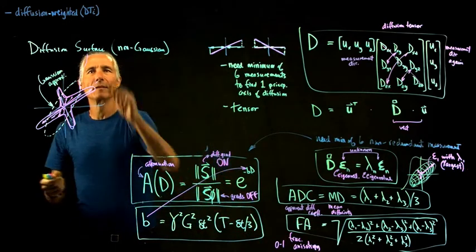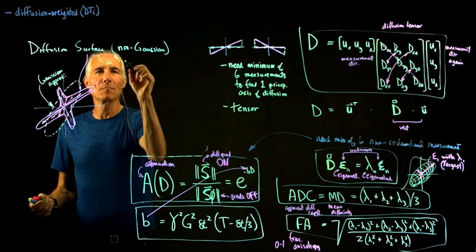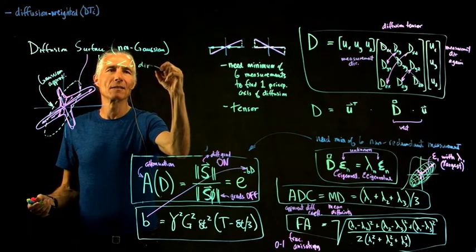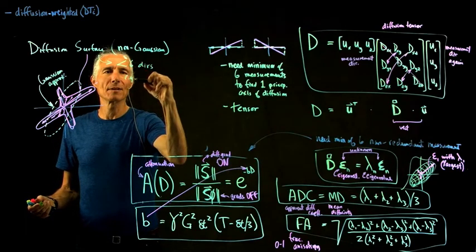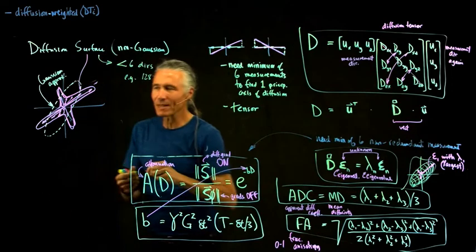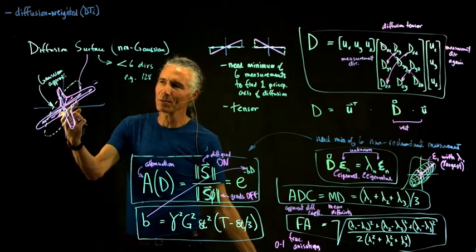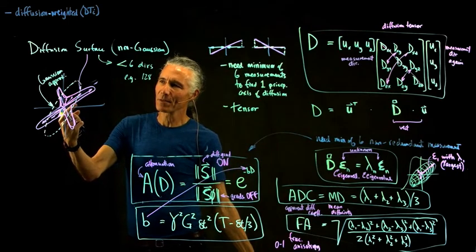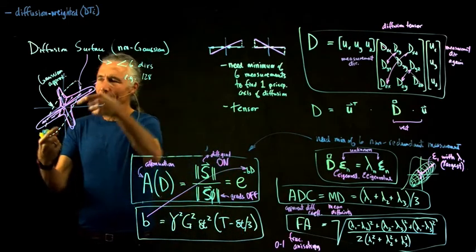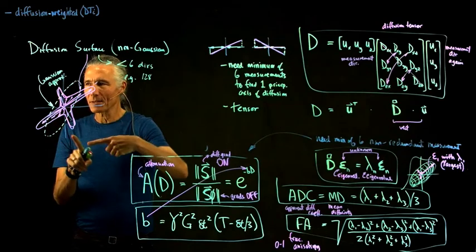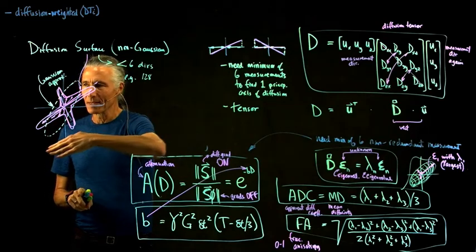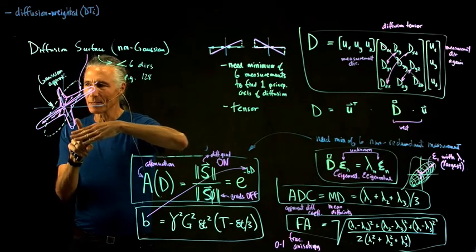More than 6 directions, for example, 128. You might have to measure 64 or 128 just to pick up 2 different real diffusions. If you have crossing fibers, which happens all the time in the brain, where some axons go this way and others go almost perpendicular to them, that's very common.